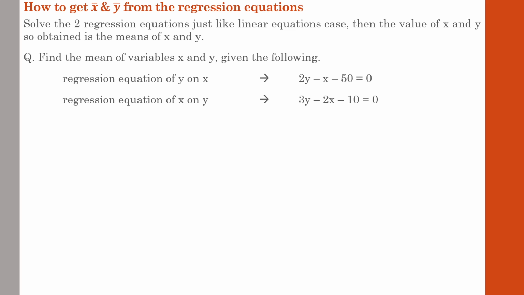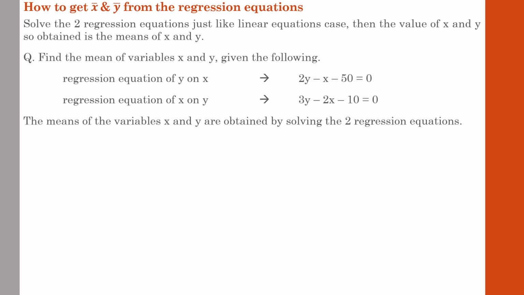Finding the value of x and y from a linear equation is the easiest method. I hope you all know how to solve the linear equation for certain variables. Once you use the linear equation method for finding x and y, you will get a certain value for x and a certain value for y, whatever the number you are getting. For example, for this situation here, 2y minus x minus 50 equal to 0, 3y minus 2x minus 10 equal to 0.